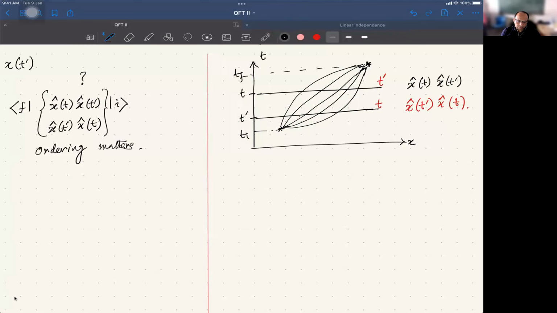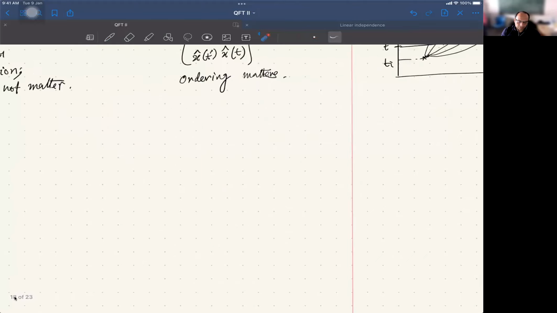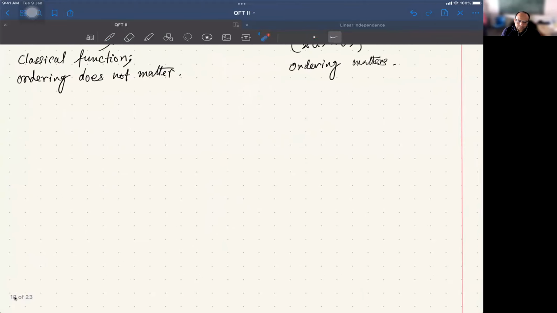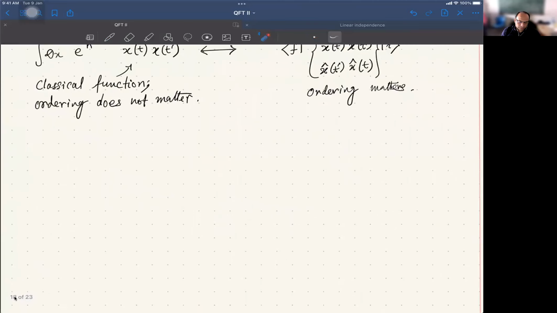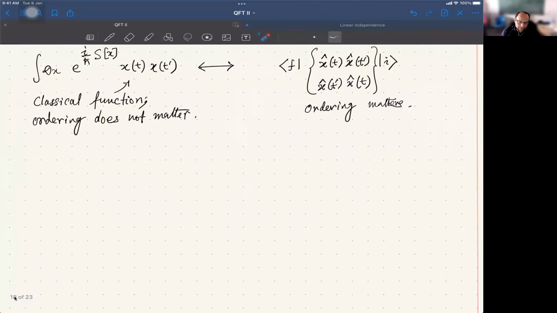So the ordering depends on whether t is greater than t prime or t prime is greater than t. Whichever is the higher time will be sitting on the left of the factor at lower time. That is the point. So that is the picture here.